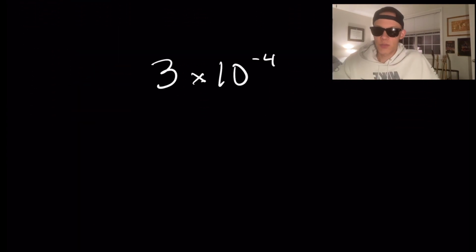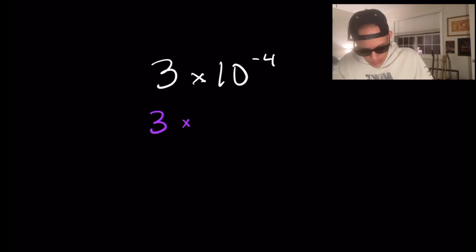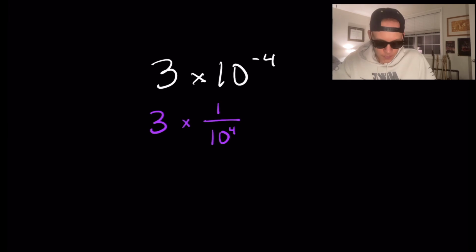And why does that trick work, you might ask? Well, if you remember how to treat negative exponents, and if you don't, I got a video on that, so go back and watch that. We can actually write this as 3 times 1 over 10 to the positive fourth. And then 10 to the fourth is 10 times 10 times 10 times 10.